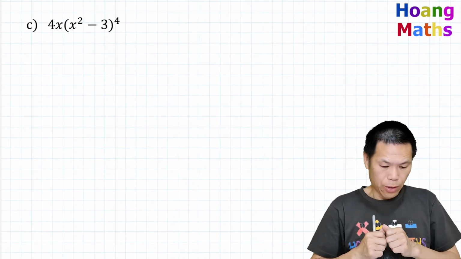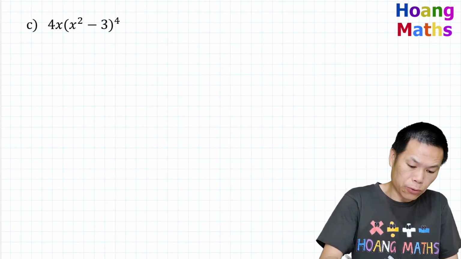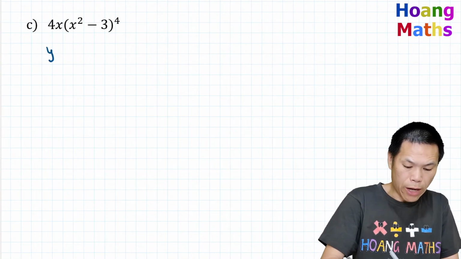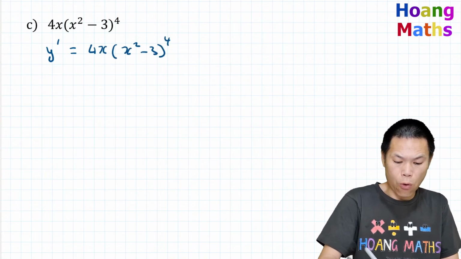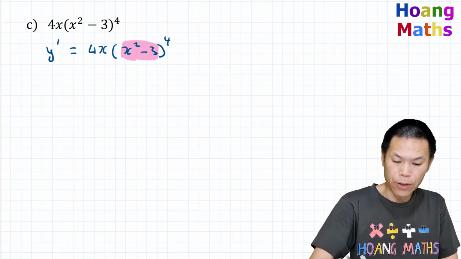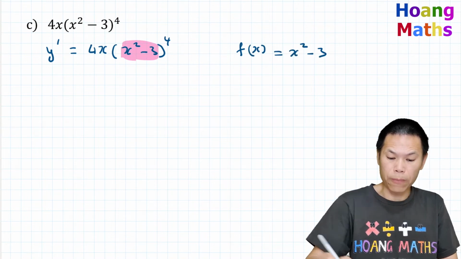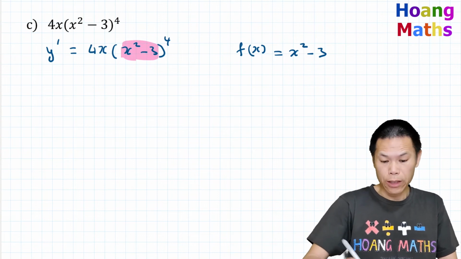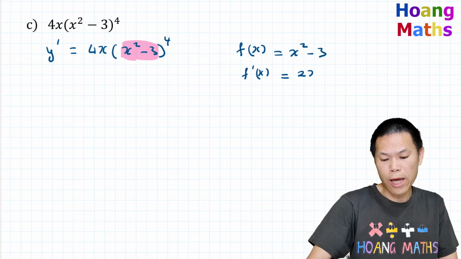Part C. So again, let me just write y dash is equal to the function first. y dash is equal to 4x times (x squared minus 3) to the power of 4. So this is f of x. Let me just write this down. So f of x is equal to x squared minus 3. So to differentiate this, f dash x is equal to 2x.